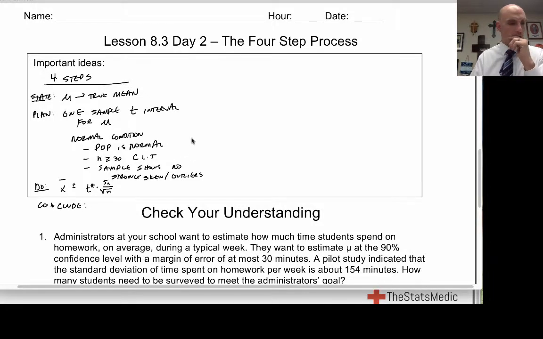Okay. So our margin of error, that's our t star times this standard deviation over root n.